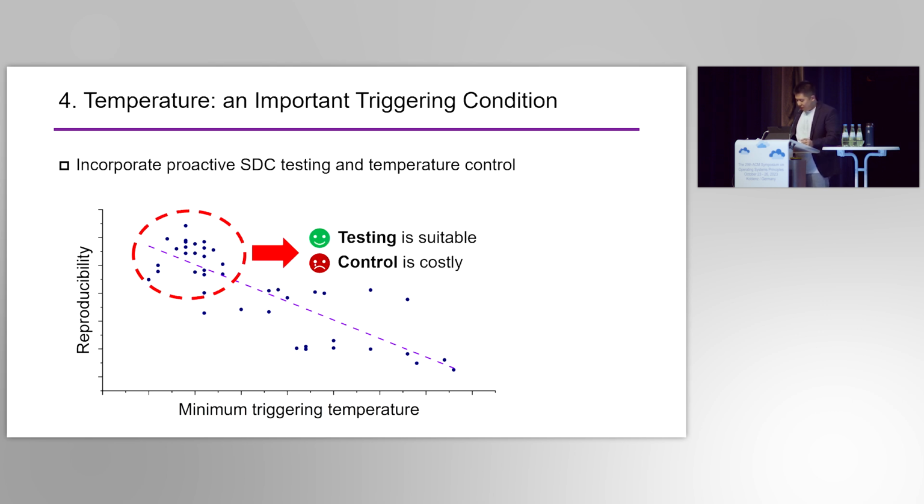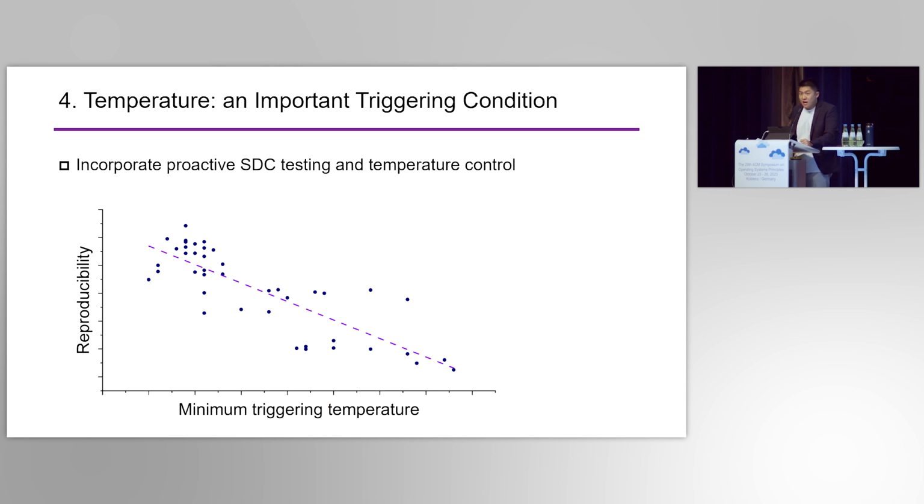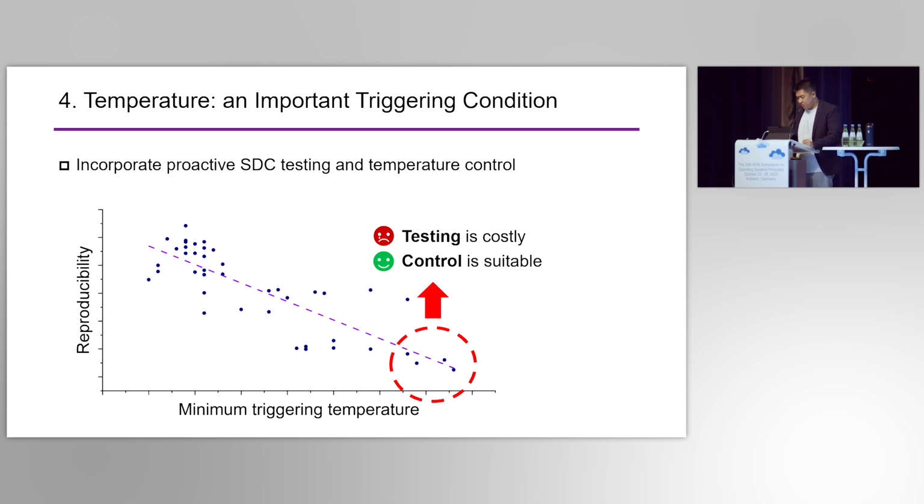This is because applications can easily reach the triggering temperature, and thus control operations will be frequently activated, which impacts the performance of the application. On the other hand, SDC with a higher triggering temperature tend to have a low reproducibility. As a result, control is suitable to these areas where testing is costly.